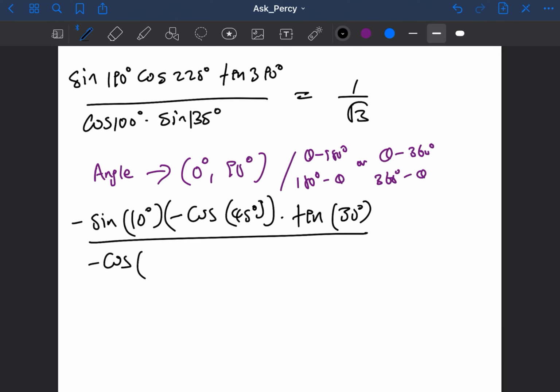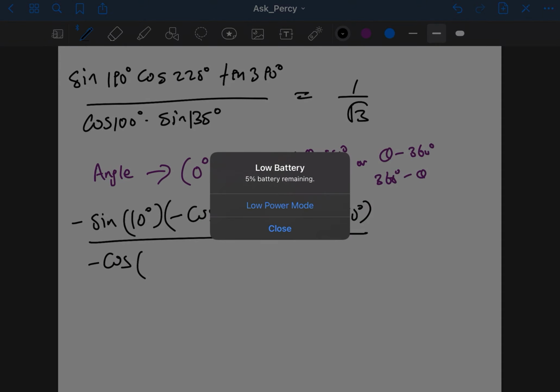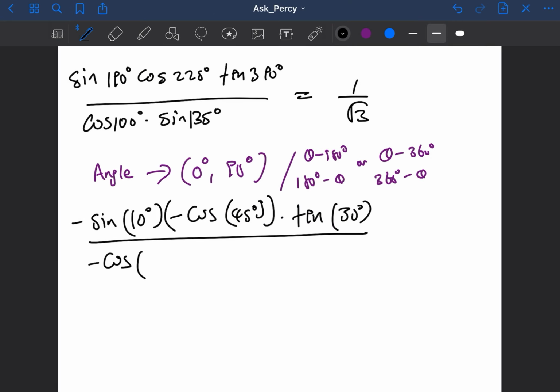Now let's reduce 100 to be between 0 and 90 degrees. To do that, because 100 is less than 180, you're just going to say 180 minus 100, and you have 80 degrees.